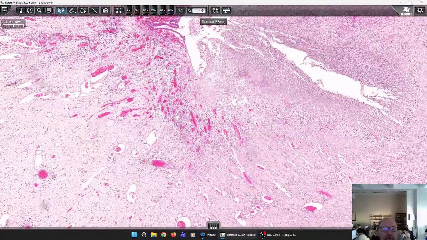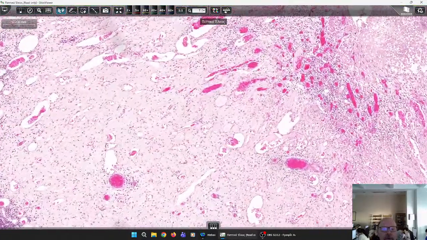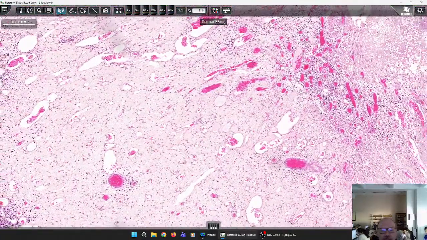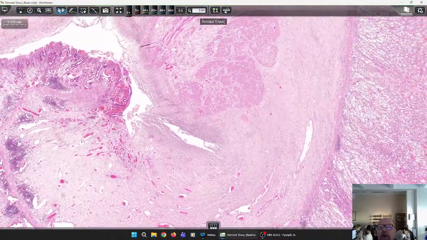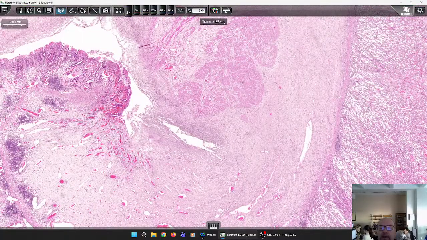Now, so we have the fibrous tissue formation, and this disrupts the continuity of the muscular layer. You see here that as the ulcer goes down, you see that the muscular layer is displaced.